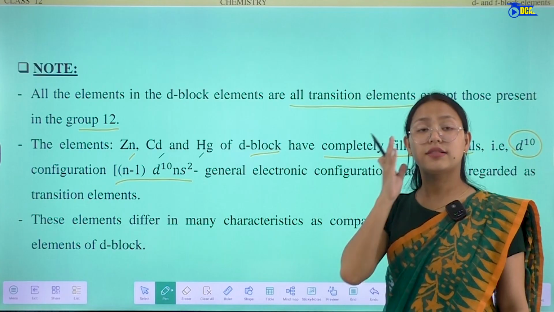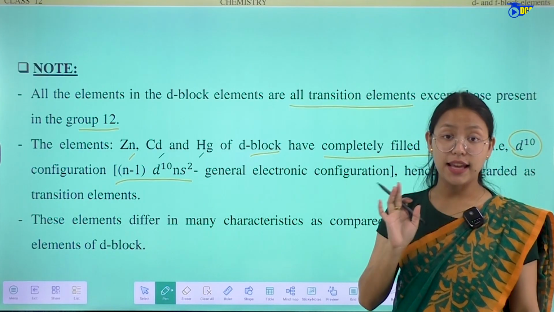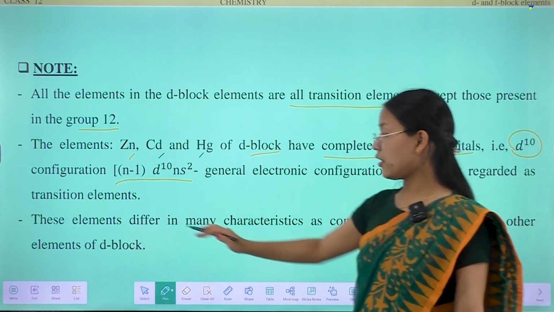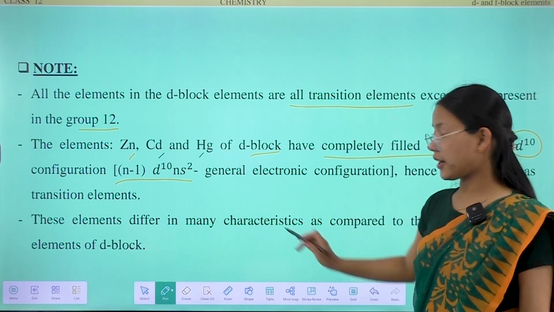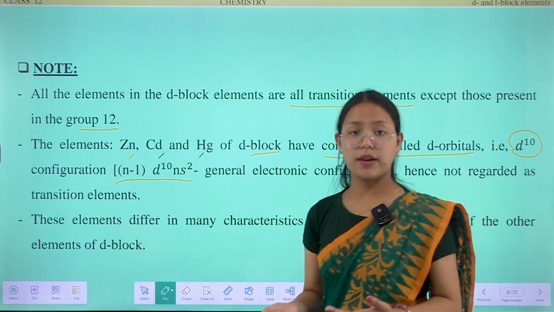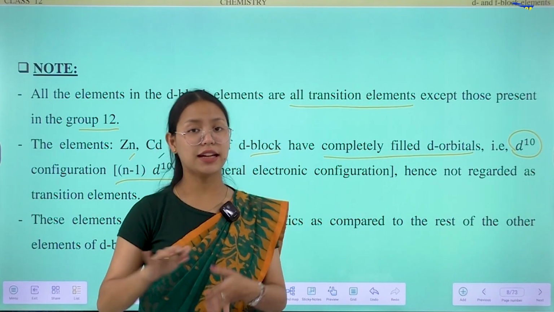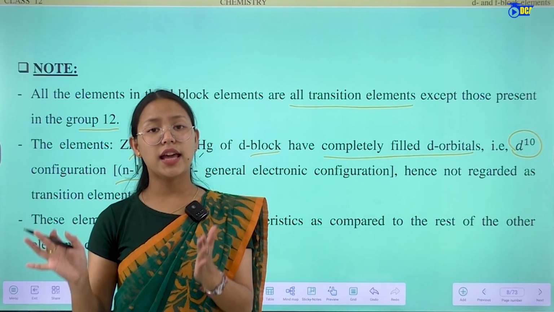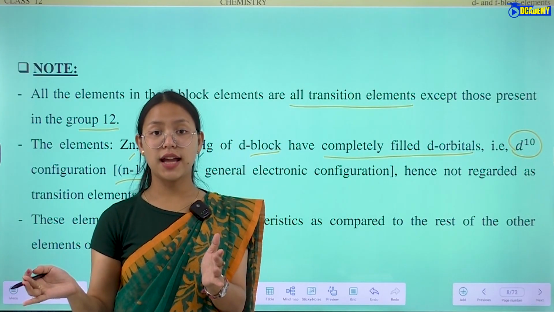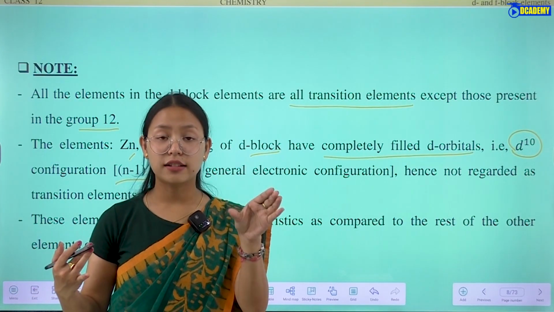Now here these elements differ in many characteristics. Even mercury is a liquid at room temperature, and the other metals have hardness properties.